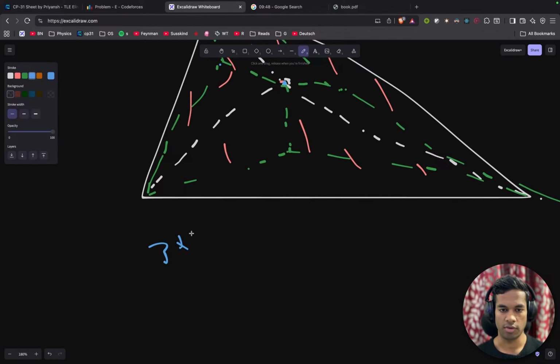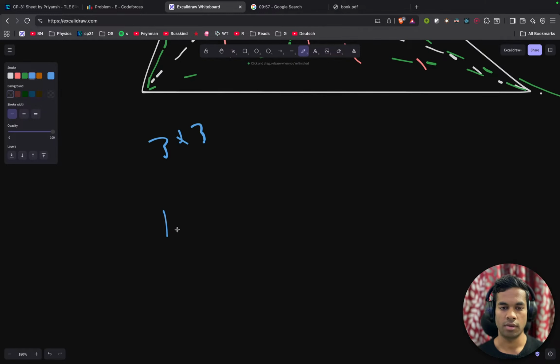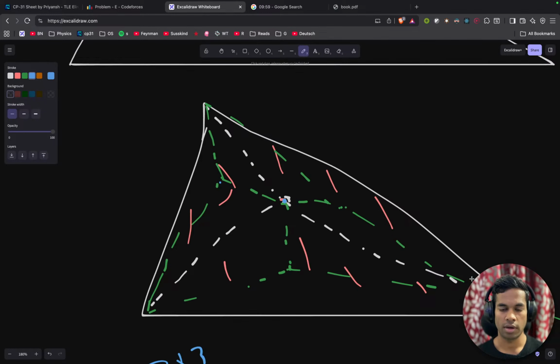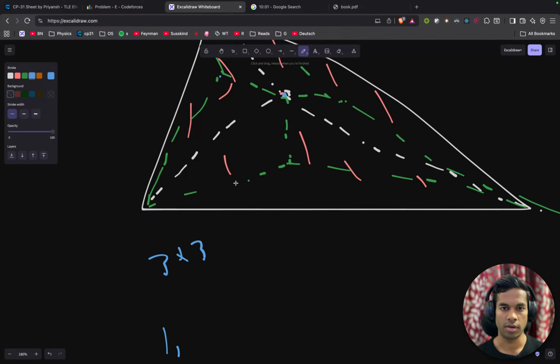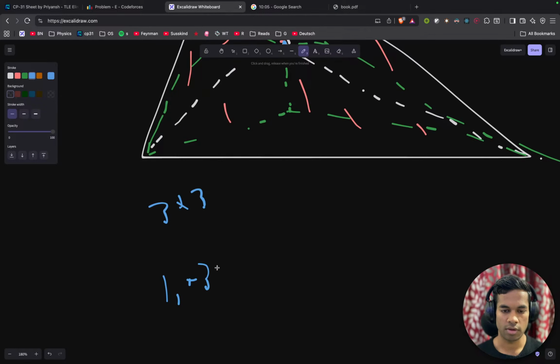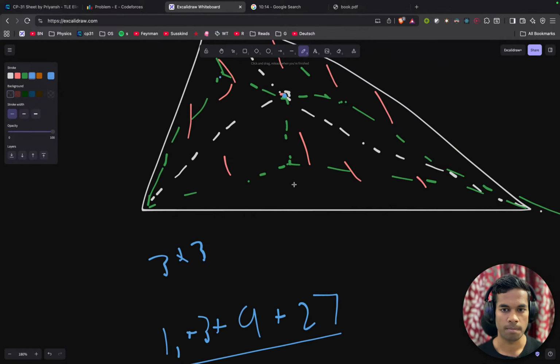And each of them will have their own 3 triangles. So 9 triangles in total, and we did 1 triangle first. Then we went with 3 different triangles, so 1 plus 3. Then we had 9, then 27, and then we won't be able to make any choice. We'll run out of choices.